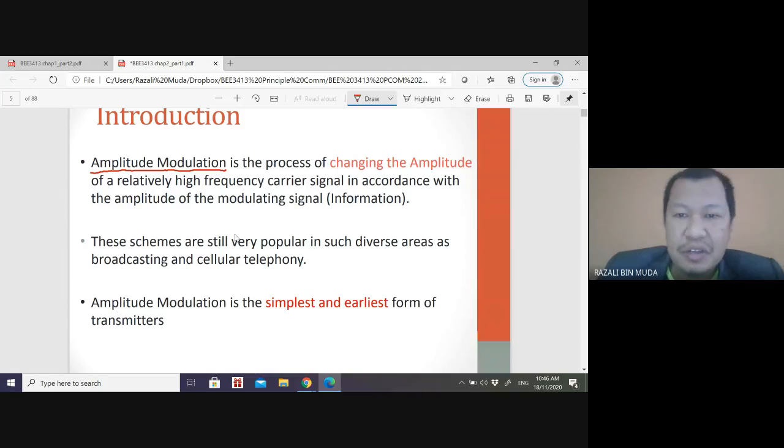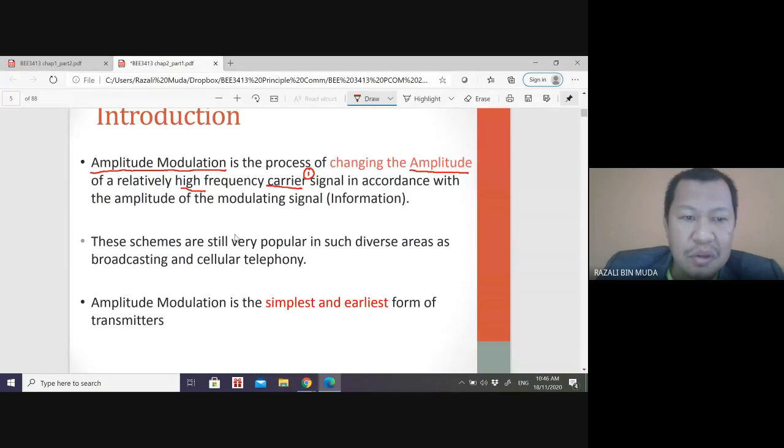AM is the process of changing the amplitude. So amplitude modulation is changing the amplitude of a relatively high frequency carrier, in accordance with the amplitude of the modulating signal. So kita ada high frequency carrier signal, satu, and yang ni low frequency, sorry.